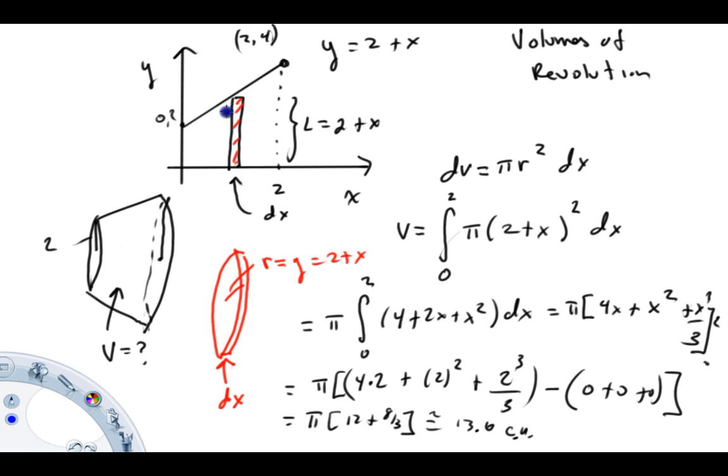The important thing is choosing an element, revolving it about the axis like I did, and that's going to give us this disk. For this reason, this is usually called the disk method when you look in your textbook here. You need to be able to write down something for the geometry of the disk. You need to be able to figure out its radius and its thickness and label them.